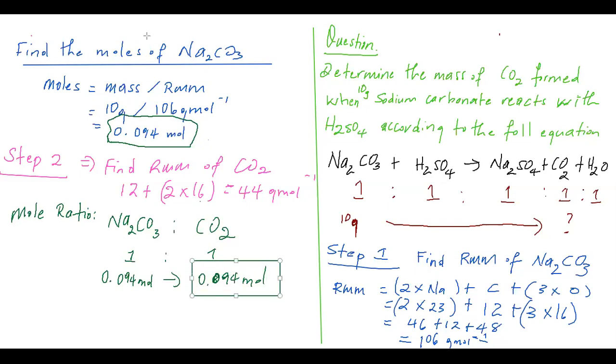Now we just need to do the last thing and tell them what mass of CO2. So step 3 would be to find the mass of CO2, because that's what they asked for. What equation are we going to use to find the mass of the CO2?